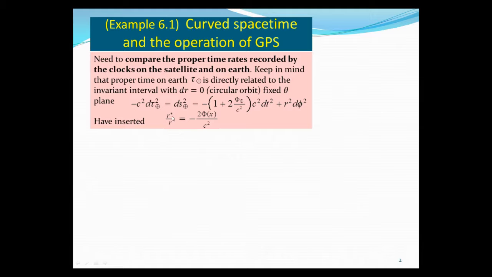Now the Schwarzschild radius term will be replaced by the expression for gravitational potential, so this is the curved space expression for this proper time.